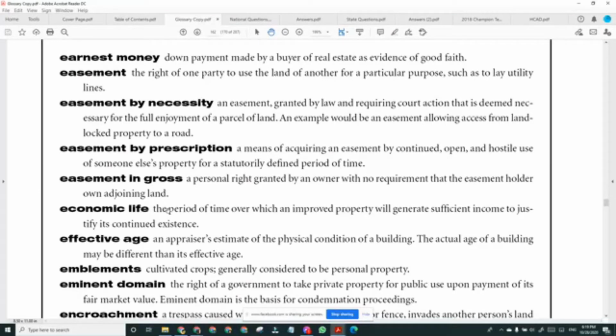Economic life. The period of time over which an improved property will generate sufficient income to justify its continued existence. So the economic life, according to an accountant, unless it has changed, it's like 27 and a half years. So every year they'll depreciate 1/27th and a half of the property value.